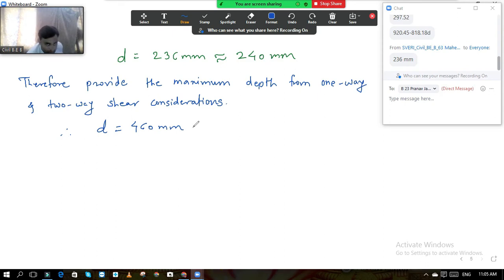We will provide D equal to 460 mm. For footing, the clear cover is 50 mm and assume the bar diameter as 16 mm, or you can also take 20 mm bar diameter.